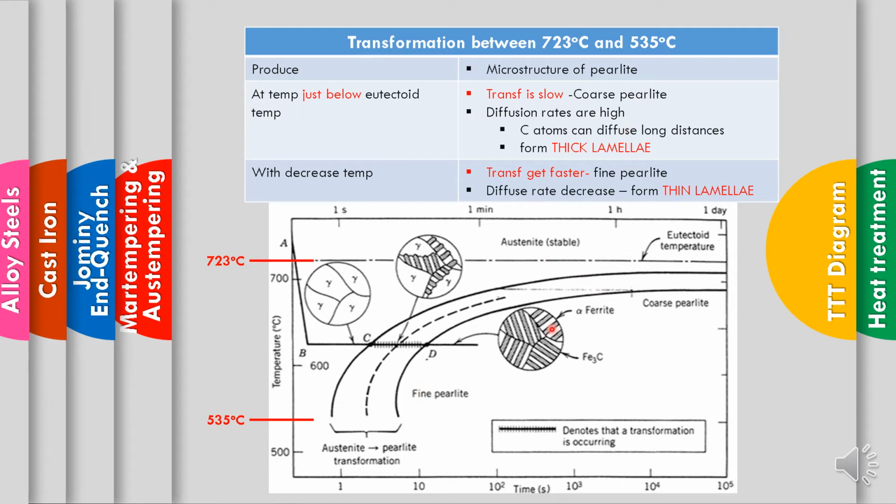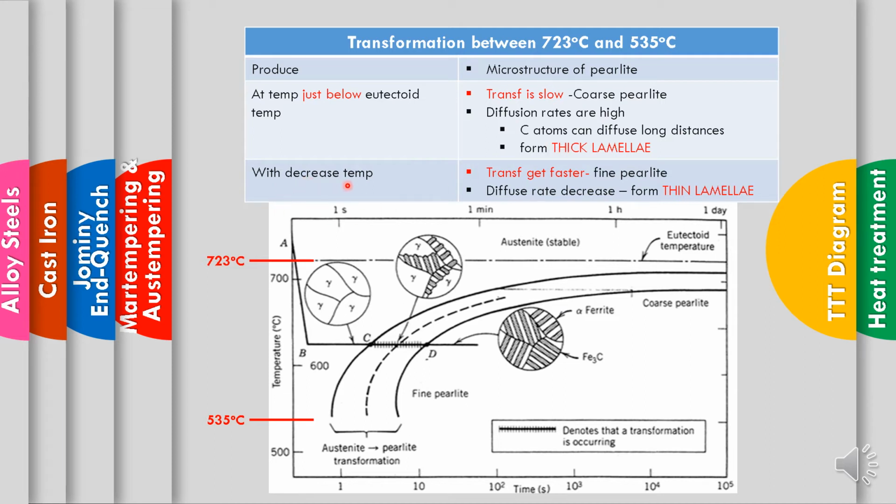So this indicates coarse pearlite is produced, and in terms of diffusion rate it is very high, so the C atom can diffuse long distances. It finally will produce a lamella of cementite that is very thick here.